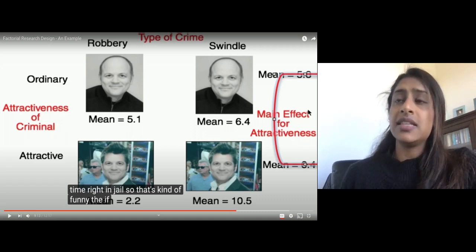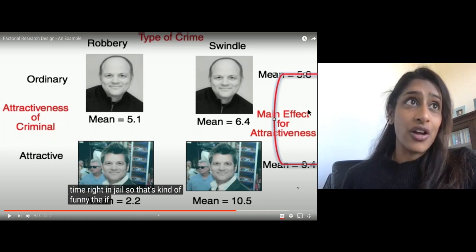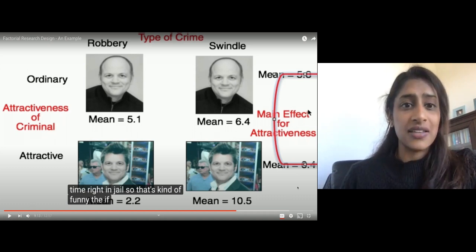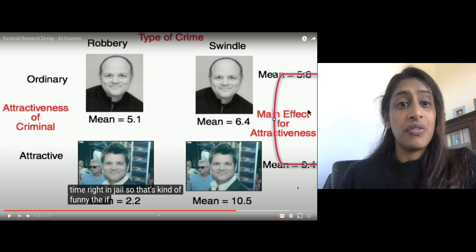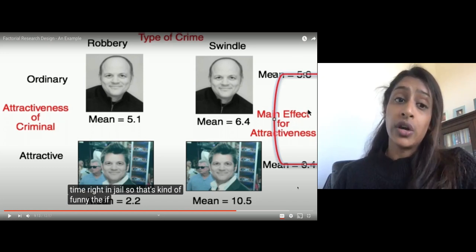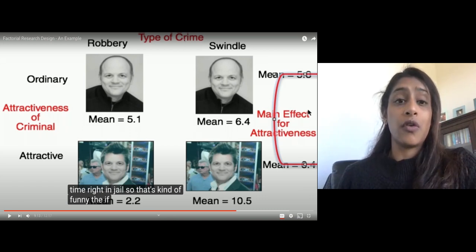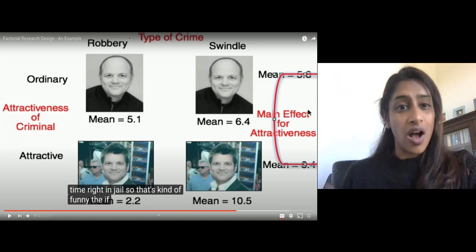So these averages right here is actually the average of the attractiveness of the criminal, which is one of our independent variables. We're going to do the exact same thing here, again, by looking at type of crime, which would also be an independent variable, and we would average down instead of across.